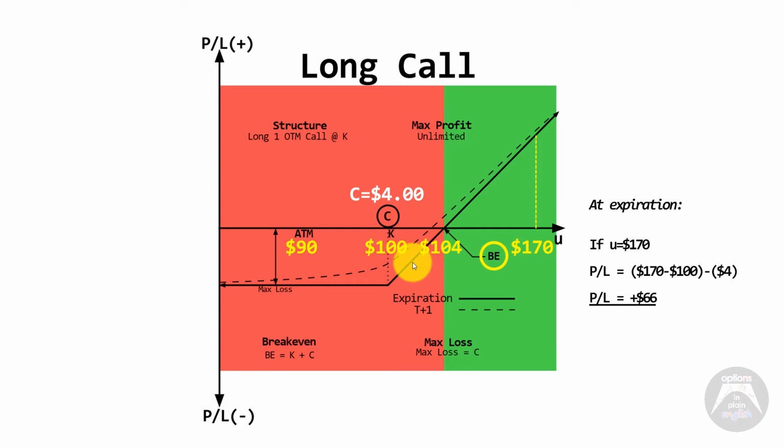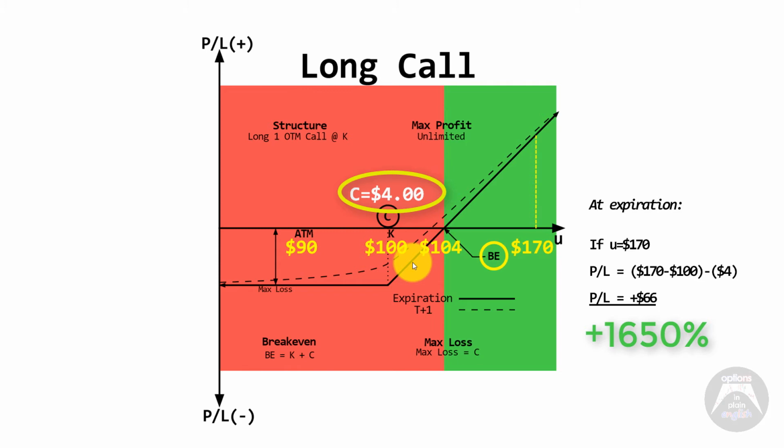Now, notice something here. The price of the underlying went a lot higher, $80, so almost doubled. But we put down here $4 for the call, and we had a profit of 66. So it's basically, we had over a 1600% return, 1,600%.